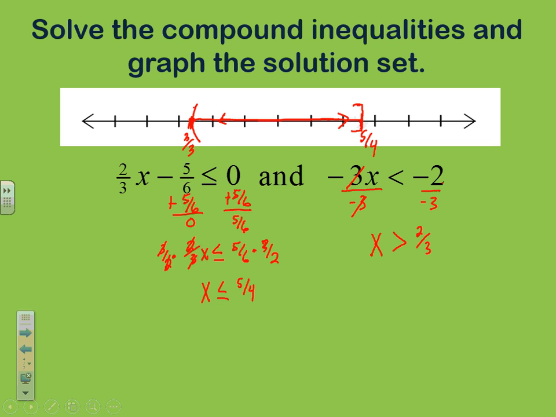So it's going to go from the right here at 5/4 to the left until it hits the 2/3 and stops. Or vice versa, it's going to go from the 2/3 to the right until it hits the 5/4 and stops. Generally speaking, for an AND compound inequality, that's what it's going to look like, where we have two sets that overlap each other.